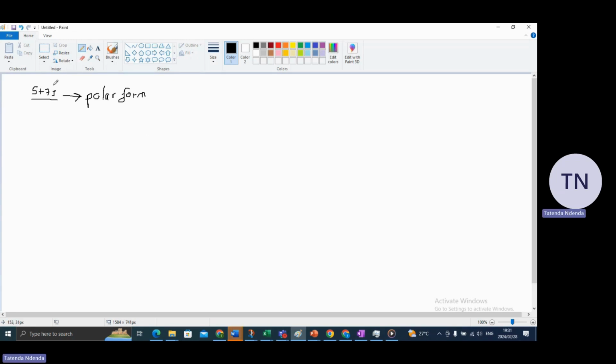For us to be able to change this to polar form, there are certain things that you have to do, because you understand that when it's like this, we're having what we call a rectangular form. This is our rectangular form. Now, for us to convert here, of course there are two methods.